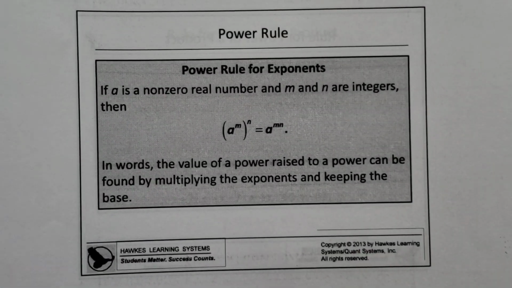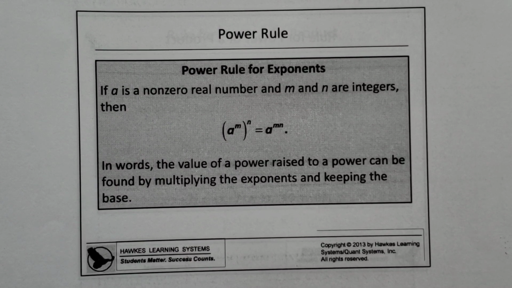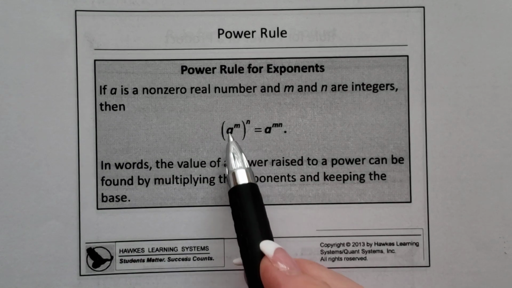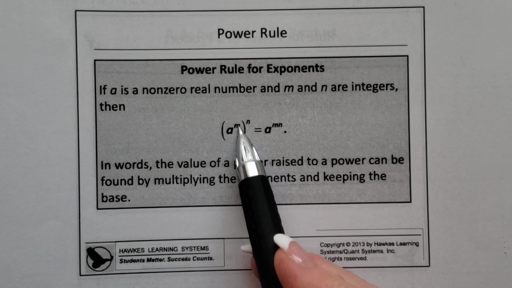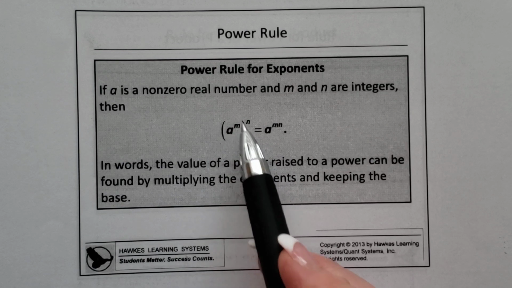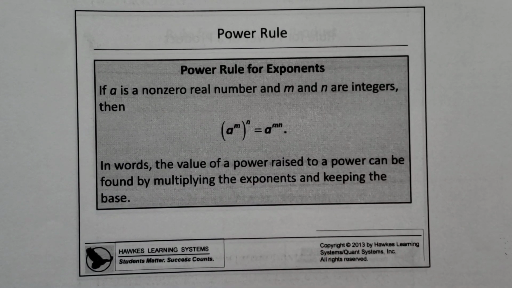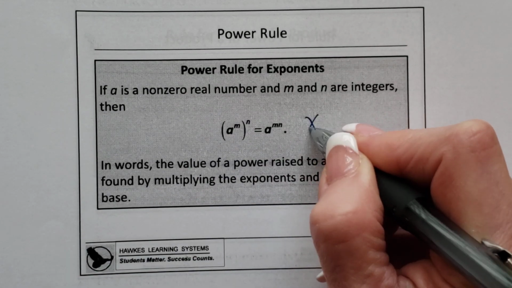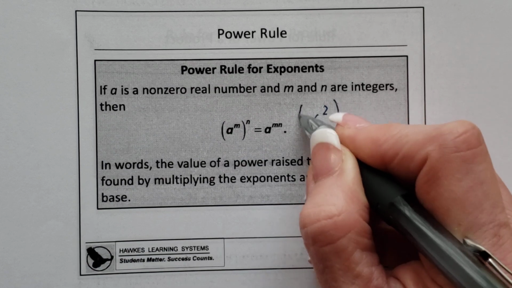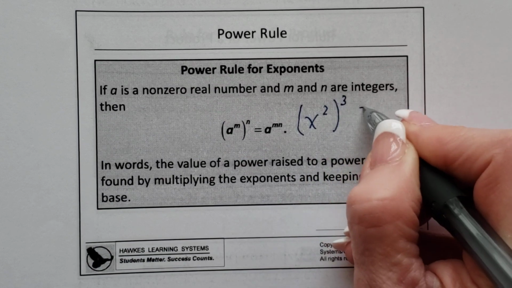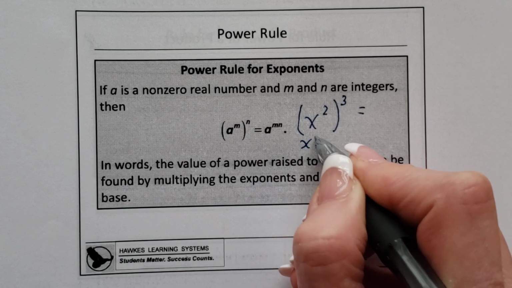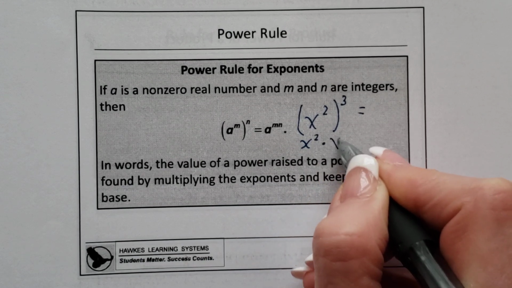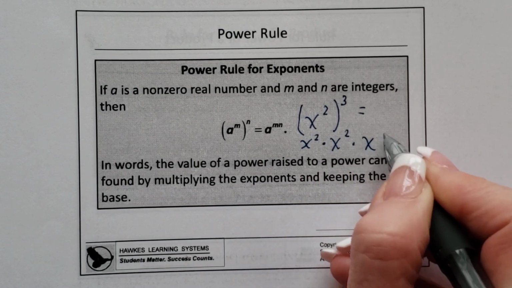All right, so this lesson, I'm introducing you to the power. It's basically called power to a power. So here you see a to the m exponent, but then that whole thing is raised to the n power. Well, if you have a power raised to a power, you're going to multiply those two numbers. For example, if you have x to the second raised to the third power, that's the same as saying x squared times x squared times x squared.